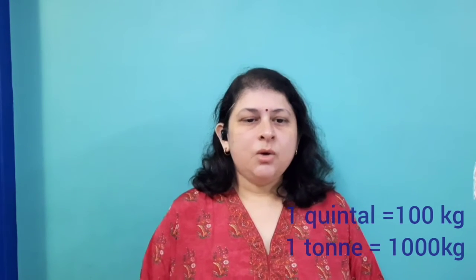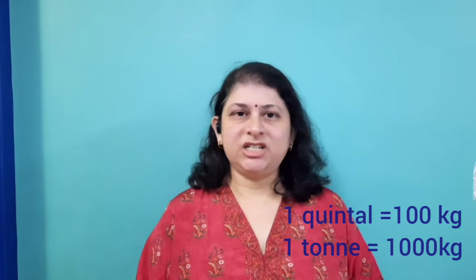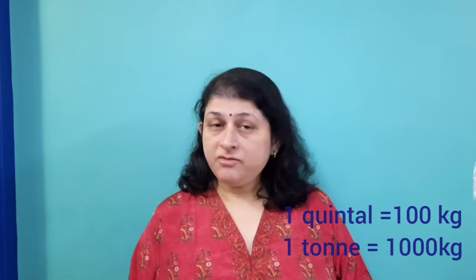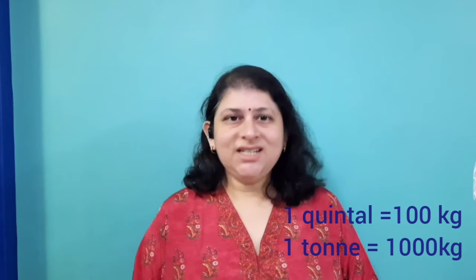This is about measuring length. Suppose I want to measure the mass. Then we have a quantity in terms of kilograms. If the kilograms exceed 100, that means 1 quintal is 100 kg. So quintal is a multiple unit. Similarly, for mass we have one more unit, that is ton, and 1000 kg is 1 ton.